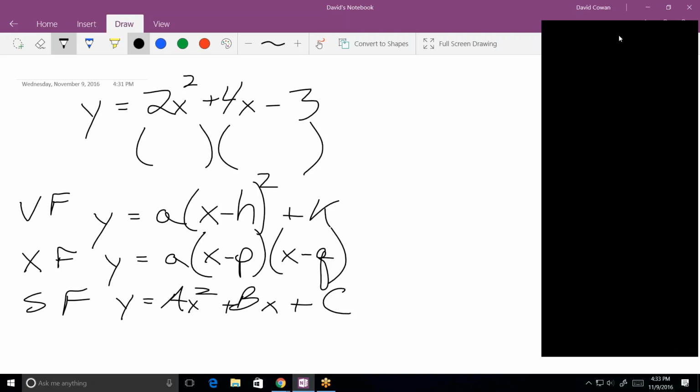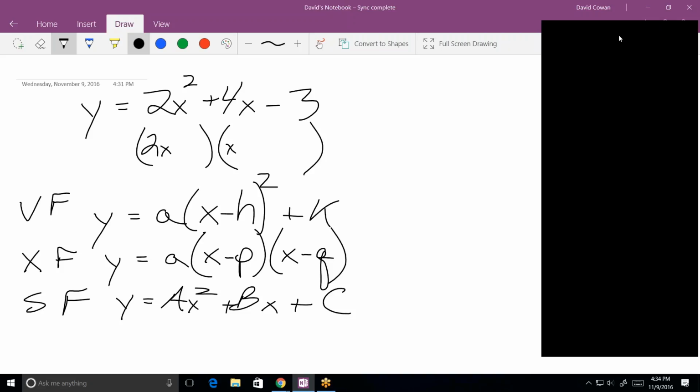We just need 5 points. Okay. Well, let's try to factor this, because if it's factorable, it will look like the x-intercept format, and we'll have our x-intercepts, which are 2 points, and then we'll be able to get the vertex also. So let's start with 2x and x.